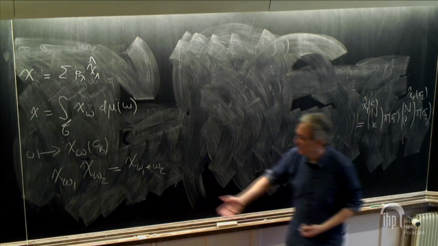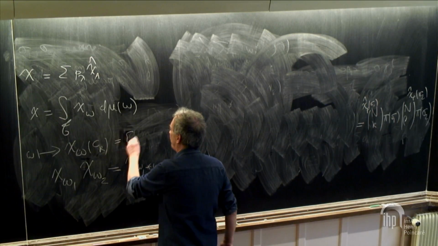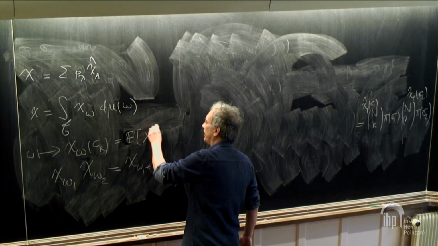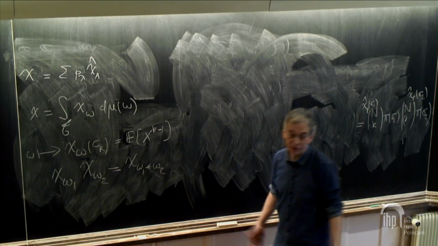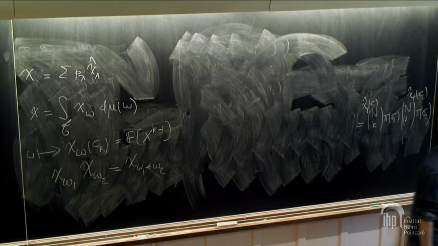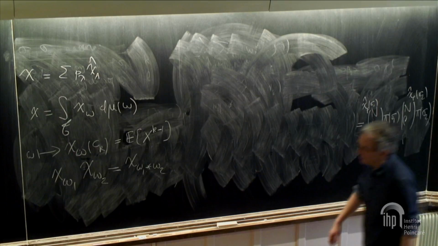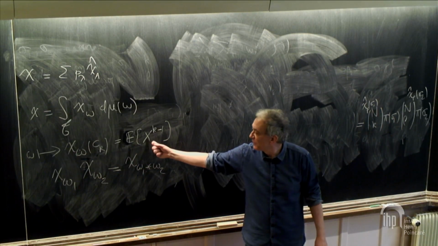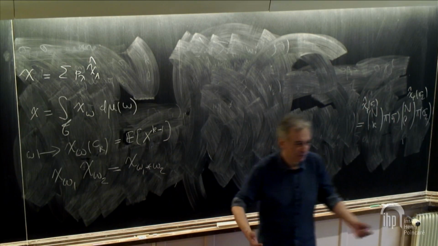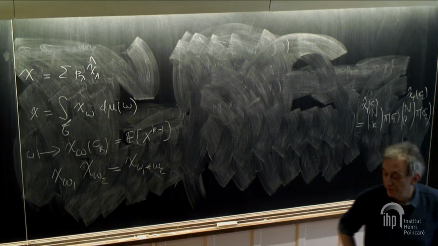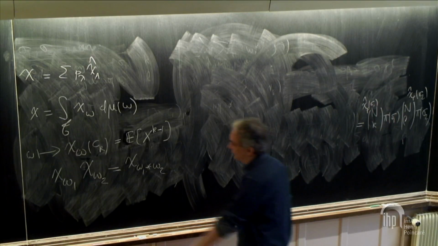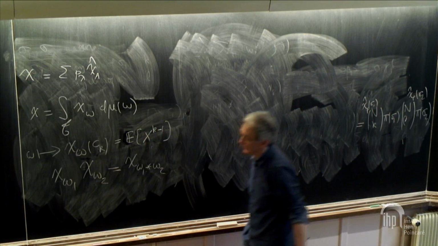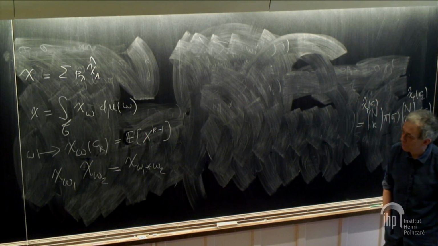If you want, this is the expectation of x to the k minus 1 for some random variable x on -1 to +1. When you multiply two things like that, you get the expectation of xy to the k minus 1, with x and y independent, distributed according to omega 1 and omega 2.